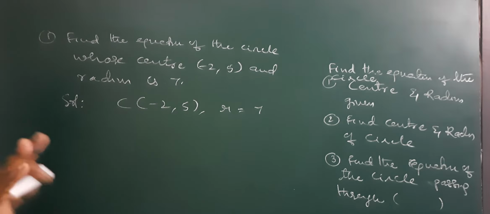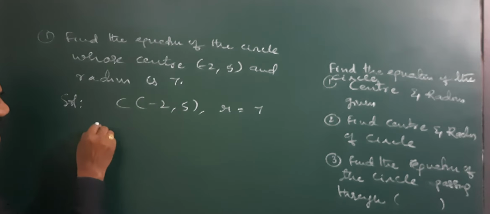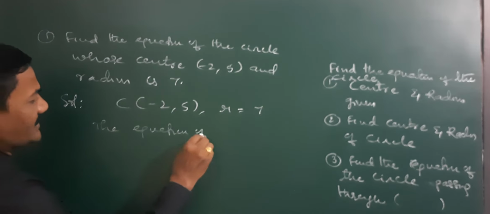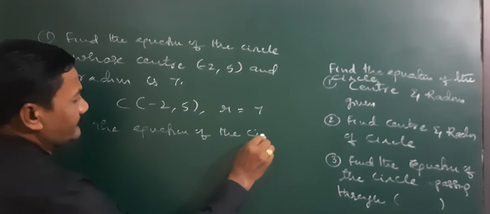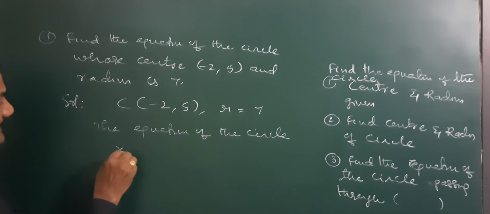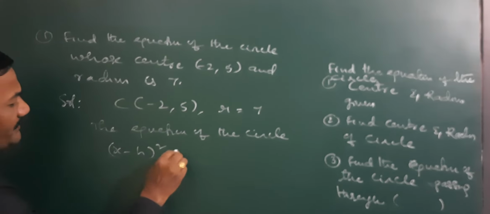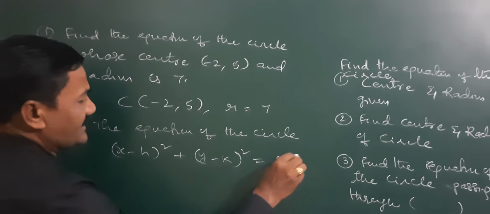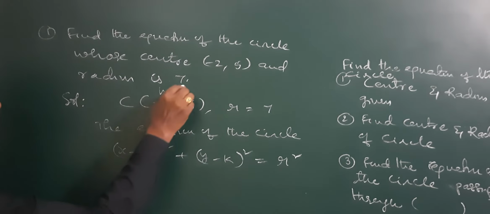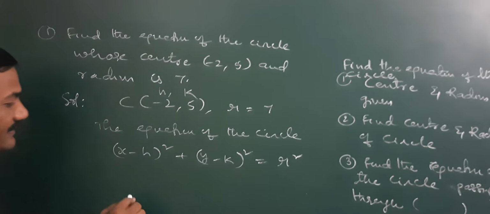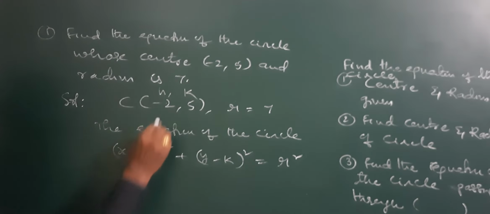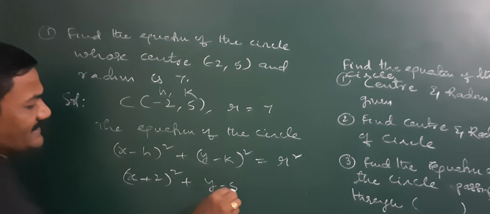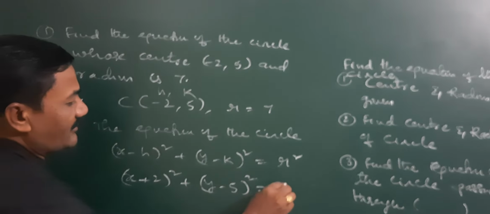We will take the first standard form of the equation of the circle: (x minus h) whole square plus (y minus k) whole square is equal to r square. Here h, k and r are given. That means (x plus 2) whole square plus (y minus 5) whole square is equal to 7 square.